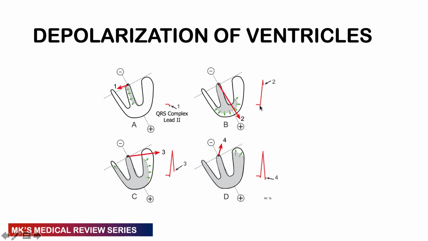This will now cause your initial positive wave to become negative, because it will be moving away from the leads. Eventually this is going to climb up the lateral walls of the ventricle, moving towards this lead V6. So you expect a positive wave in V6, and then it is spreading upwards like that, forming our QRS complex. I explained these details in the first lecture.